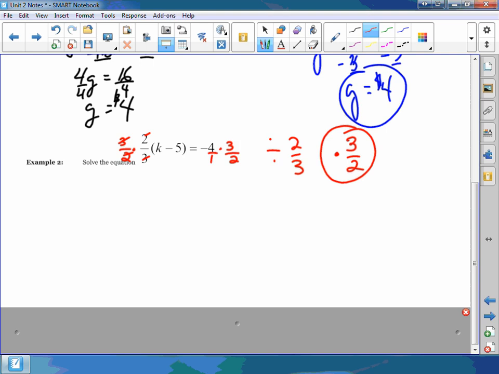Because on the left-hand side, all of these terms just kind of go away, except for your k minus 5, which is not very intimidating. But then on the right side, -4 times 3/2 would be -12 over 2, which is simply -6 when simplified. One-step equation. Add your 5. And we get k equals -1.